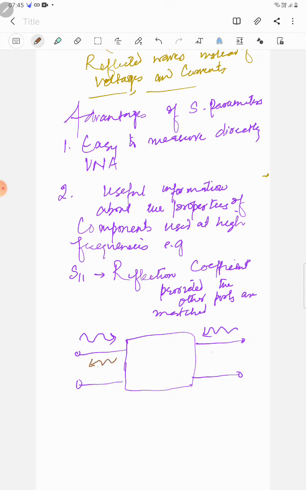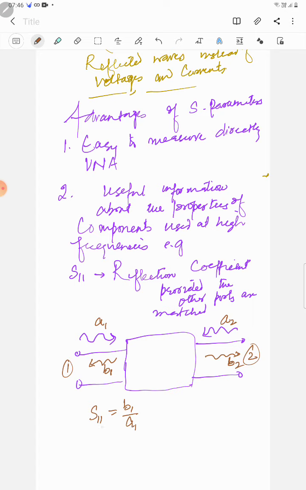Incident we designate by A1, A2. Reflected at port 1 would be B1, and this would be reflected B2. So S11 is simply B1 by A1.